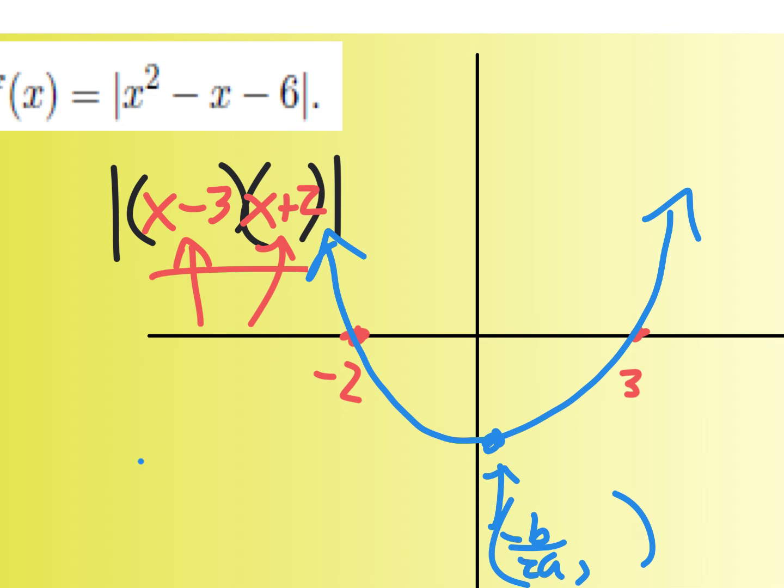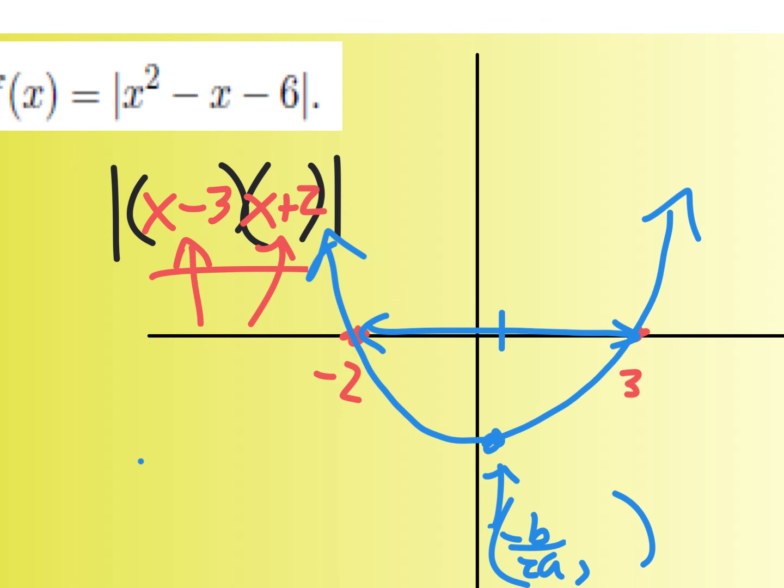Would the vertex be positive because it's negative 1? I'm just trying to figure out what's going to be exactly between these two. And don't you feel like that would end up being a positive number? Because it's further to the right. I'm pretty sure it would be positive. It might be positive a half or positive 1 or something like that. All right, but we can figure it out with negative b over 2a.